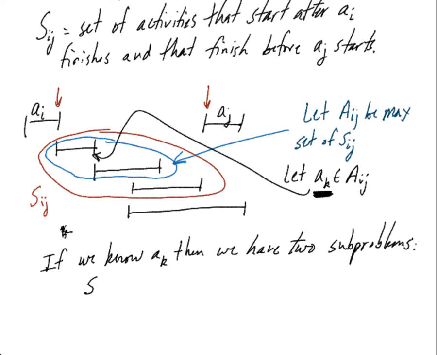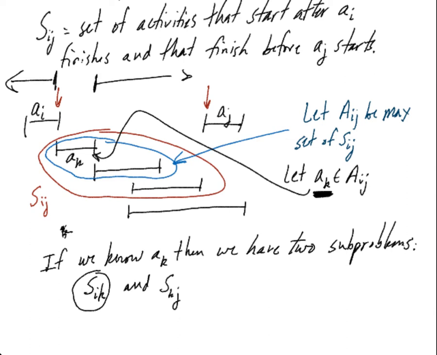We have S from i to k and S from k to j. So all of these activities are before A sub k. So here's A sub k. We're going to look at all of those before, and then all of those after A sub k. So this is subproblem number 1, subproblem number 2.